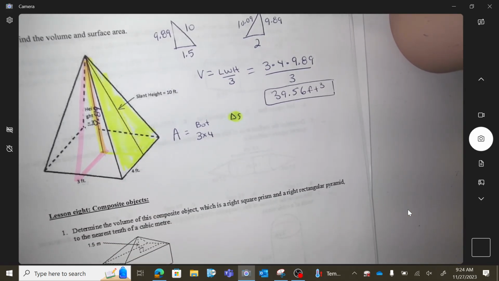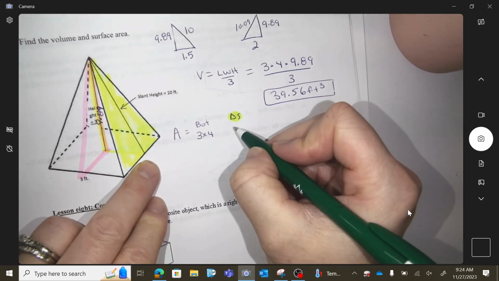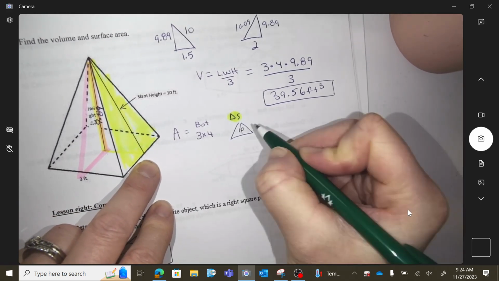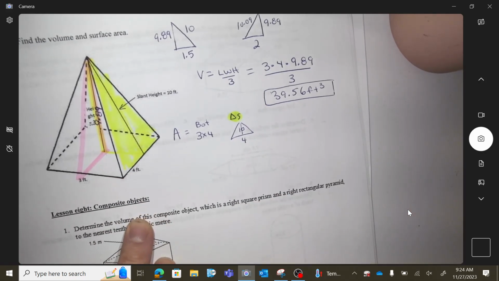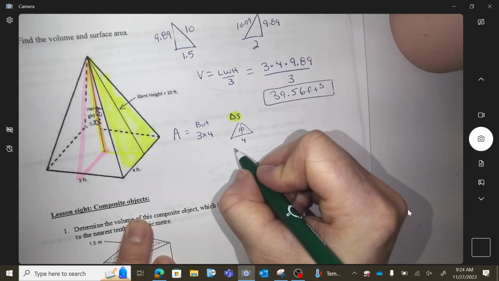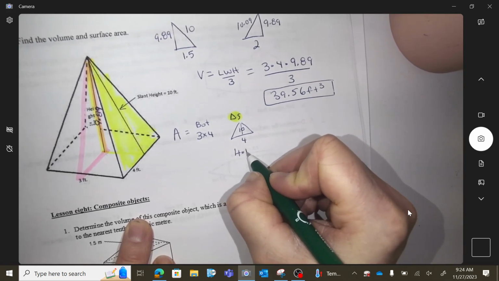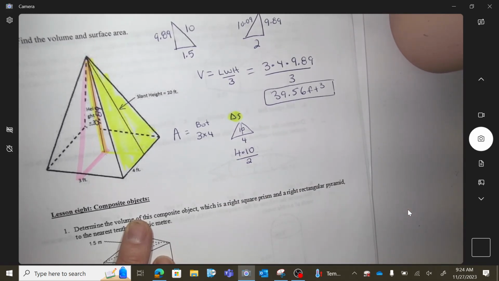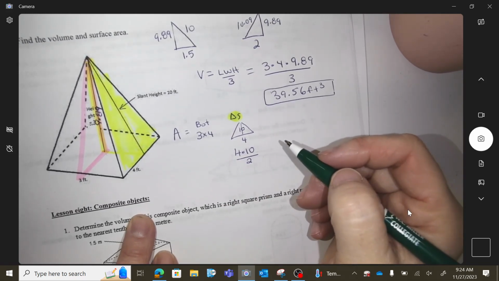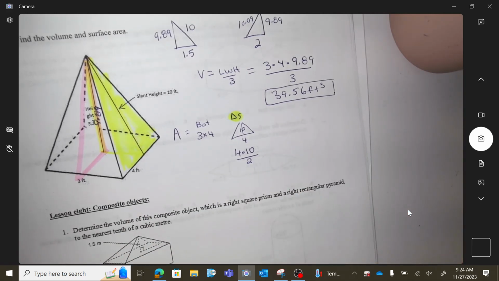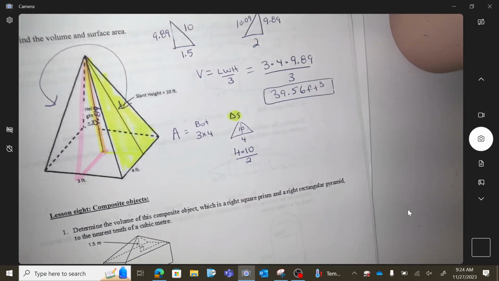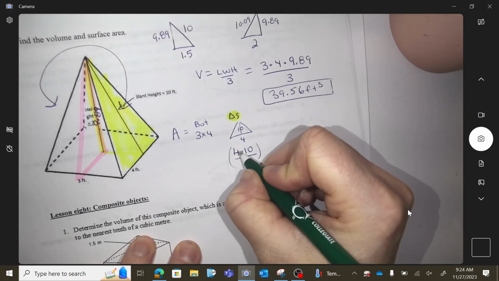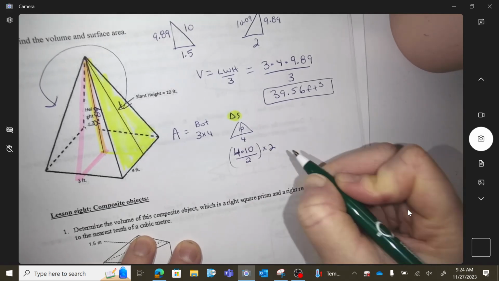What is the height of it? 10. And then the 4 is on the bottom. So base times height over 2. How many of those yellow triangles would you see? You would see two of them, right? The two sides will be the same. So I'm going to do 4 times 10 over 2. I'm going to double that.